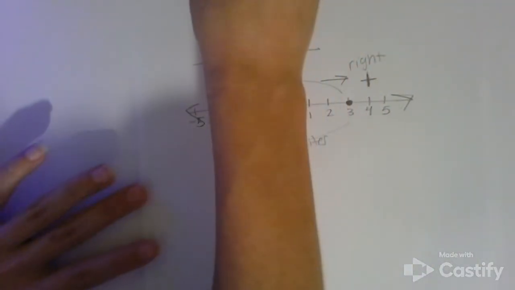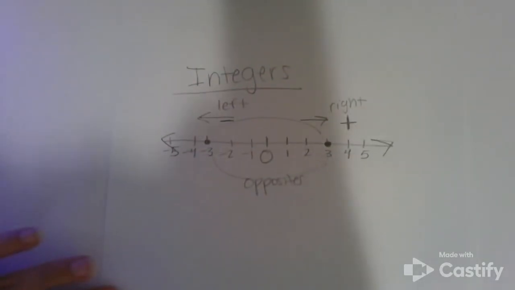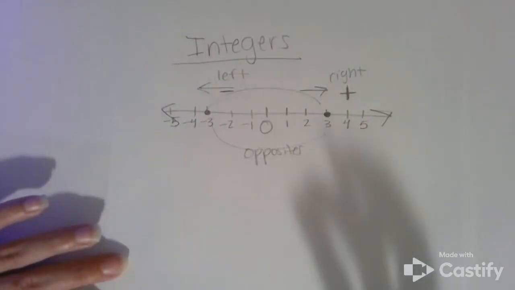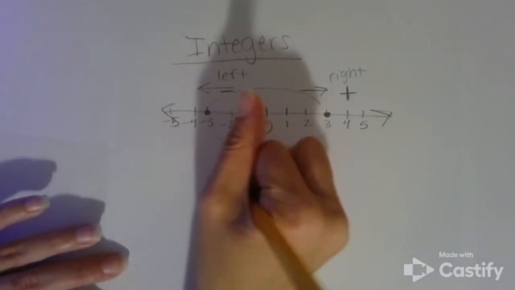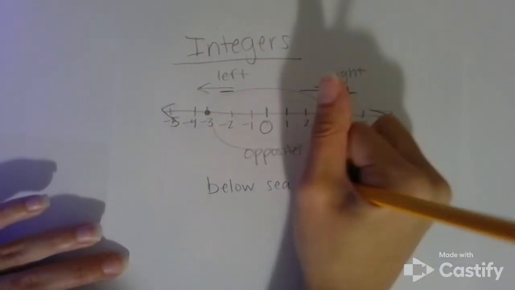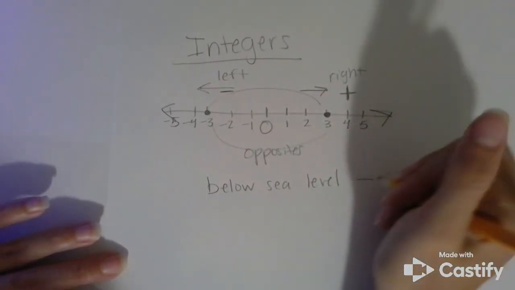Let's talk about integers in some real world examples. So integers are very useful when we're talking about values of things. So if I said below sea level, that would be a negative.